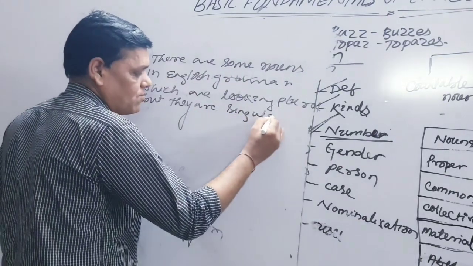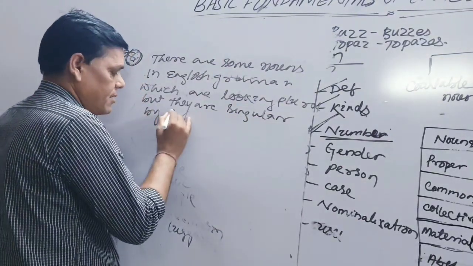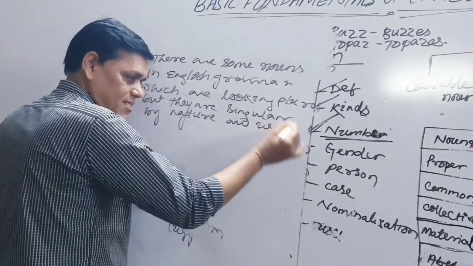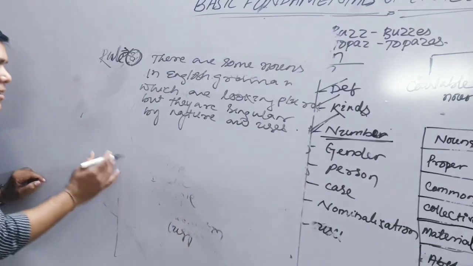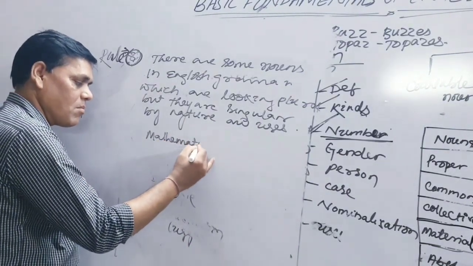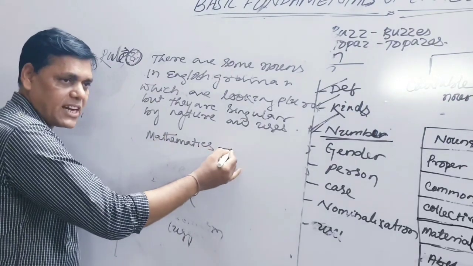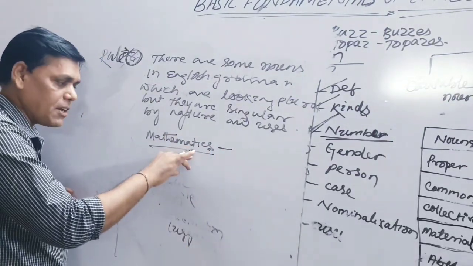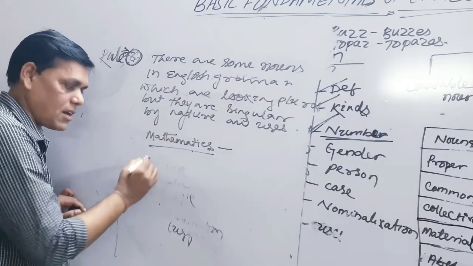Let's have a look at it. Mathematics is the name of a single subject, but it looks as if it ends with S. It looks like plural, but it is singular.